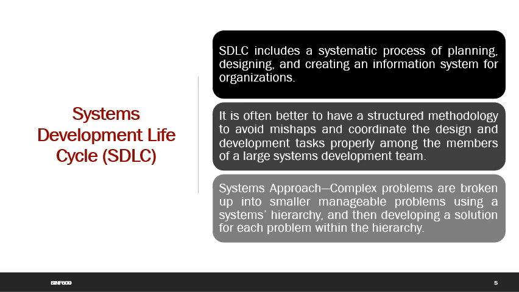SDLC is a framework defining tasks performed at each step in the system development process. It consists of a detailed plan describing how to develop, maintain, replace, and alter or enhance a specific software. The life cycle defines a methodology for improving the quality of software and the overall development process.